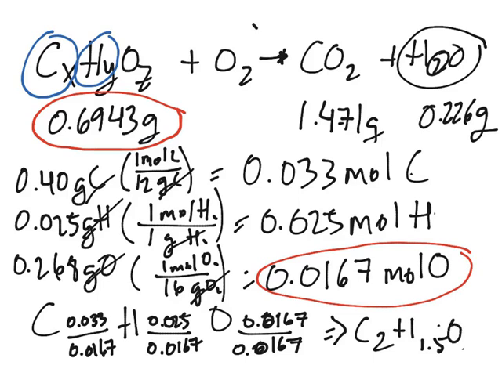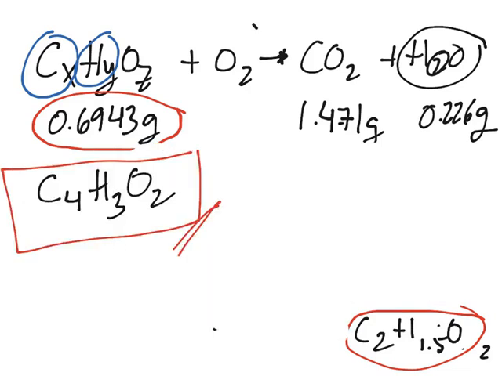So we'll do it like that. And we have to multiply all of this by 2 to get that 1.5 out of the way. So this is the empirical formula.